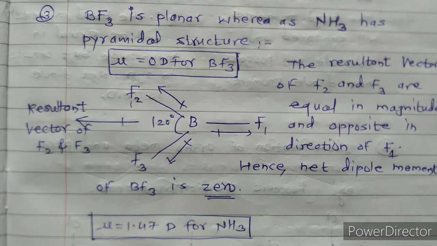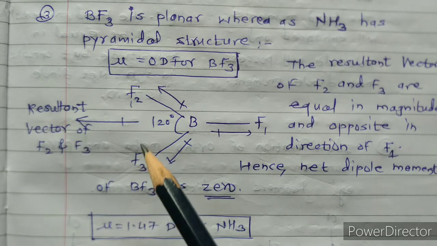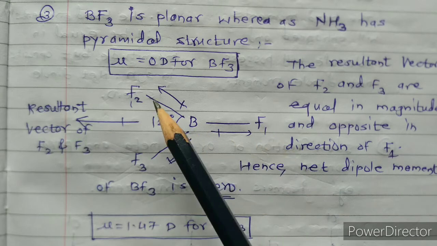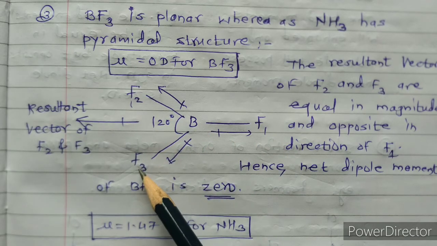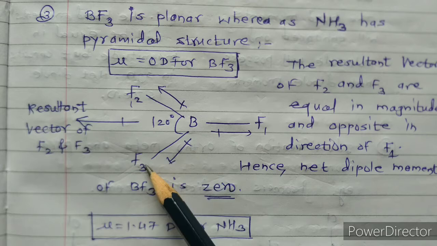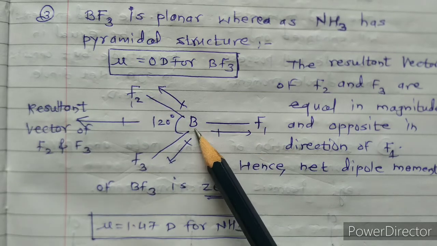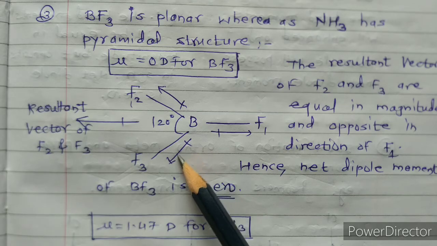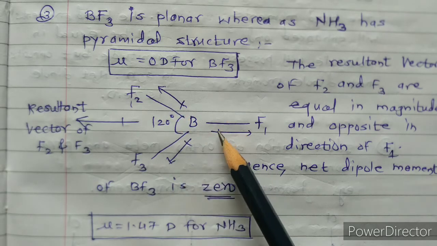Now we compare the geometries of BF3 and NH3 molecules. The BF3 molecule is planar while the ammonia molecule has a pyramidal structure. When we see the structure of BF3, we consider the fluorine atoms as F1, F2, F3. Fluorine is more electronegative than boron, so the bond moment direction is towards the fluorine atoms like this.